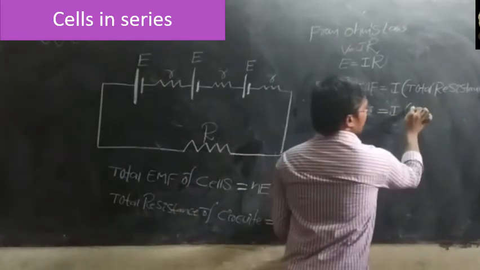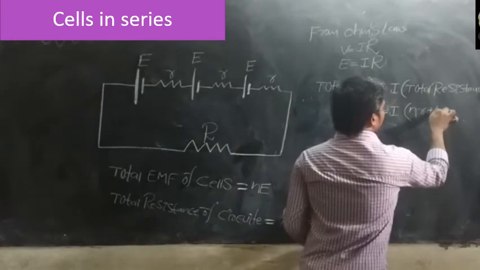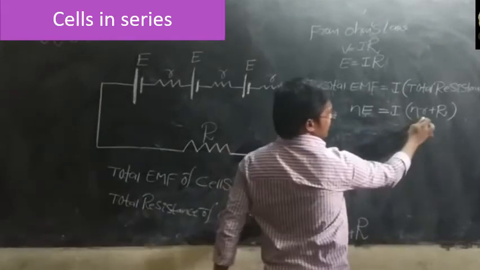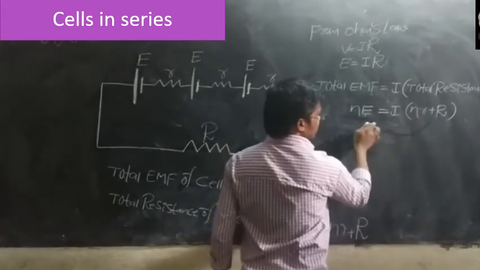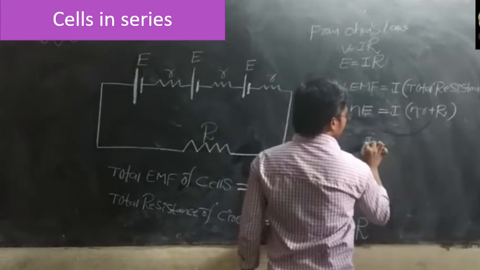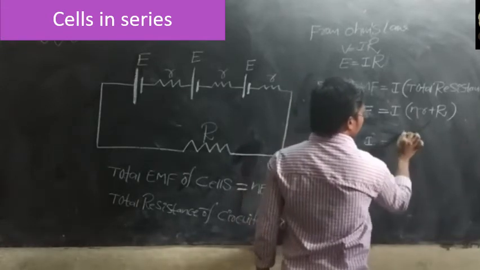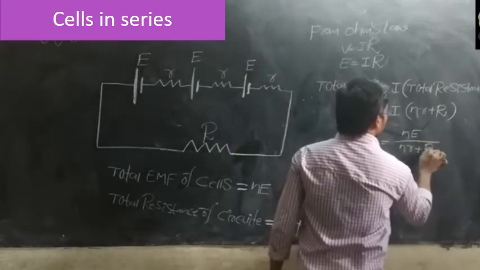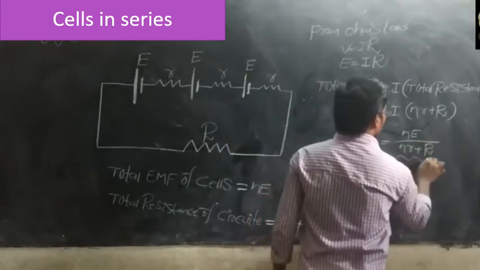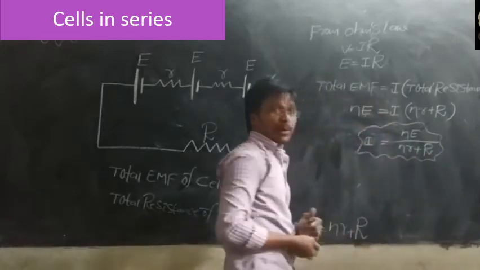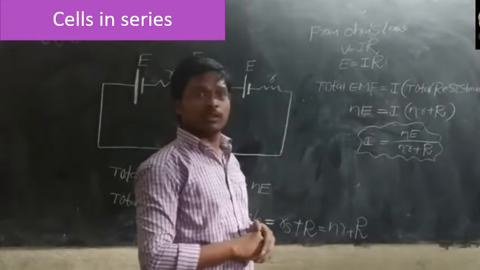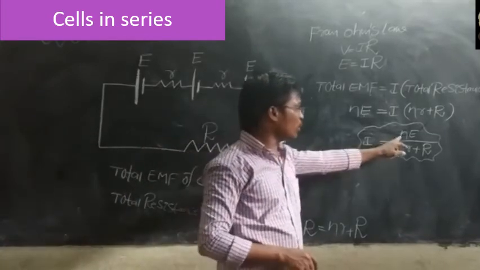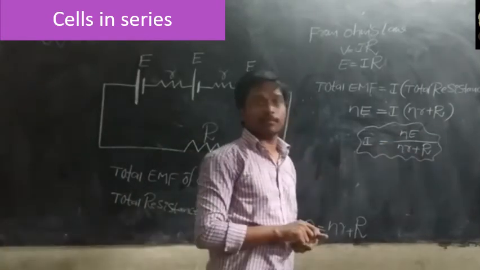NR plus R. Here I need the current value, so keep I on this side and send this to the other side. So I is equal to NE by NR plus R. This is the expression of the current passing through the electrical circuit.